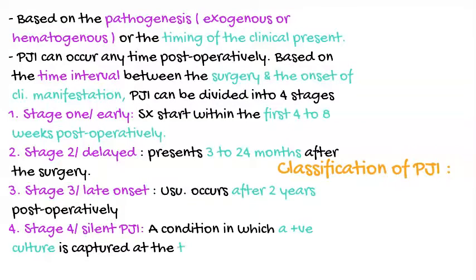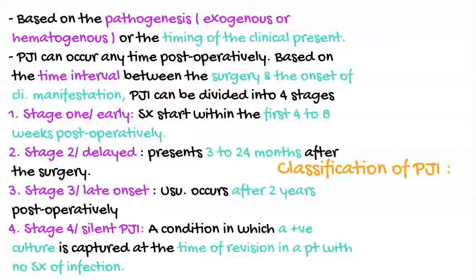Stage 3 or late onset of prosthetic joint infection usually occurs 2 years post-operatively. Number 4, stage 4 or silent prosthetic joint infection, a condition in which a positive culture is captured at the time of revision in a patient with no symptoms of infection.